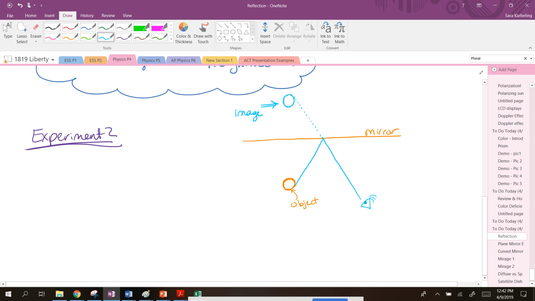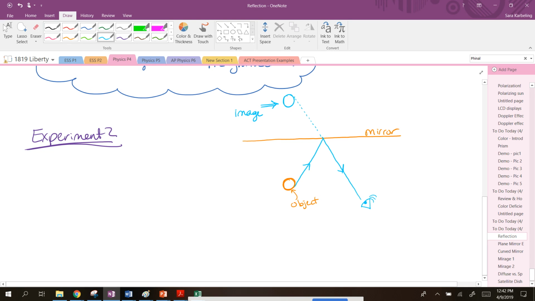There's your eyeball. That's like the observer. The light bounces off of the object, it hits the mirror, and bounces off to your eye. It tricks your mind into thinking that the light really came from back here. But it didn't, right? It actually came from here.